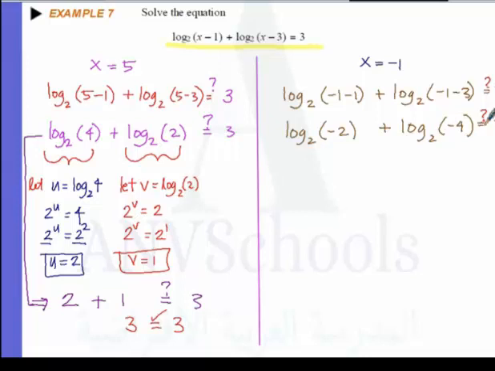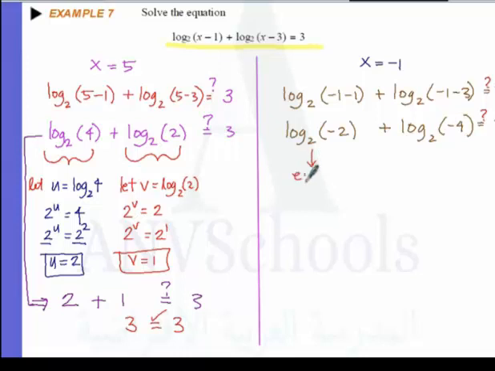In this case, we're going to use your calculator. You could see that there's a log function in there with some blanks left for the values to be encoded. So let us use our base 2 for the blank below and -2 for the argument. So that gives you an error.